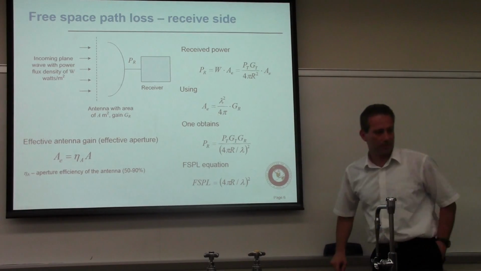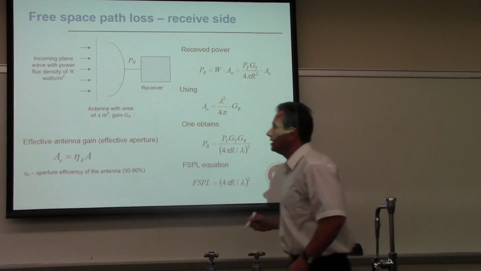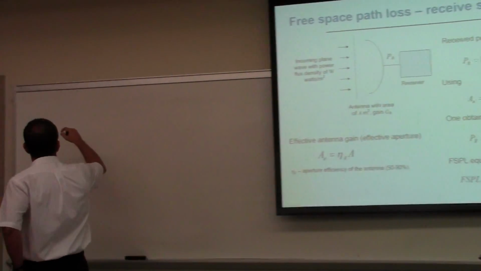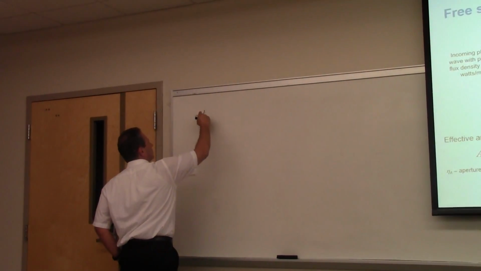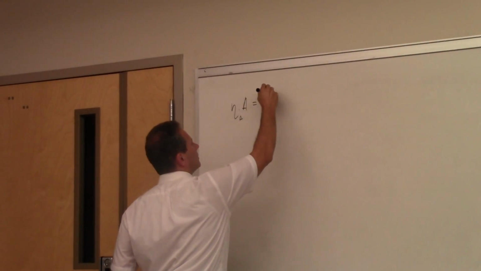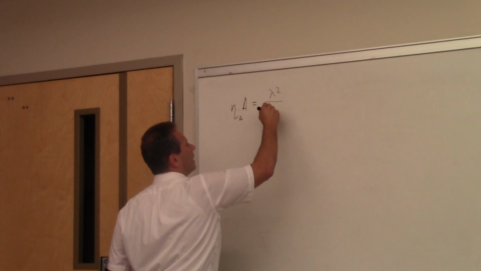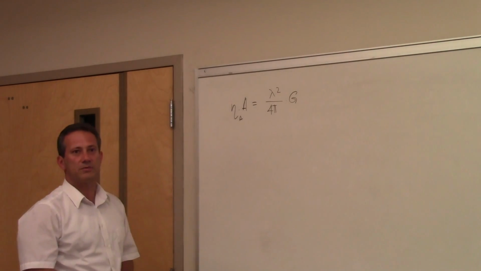Let me actually do it over there. You can say that what I have here is that eta times the physical size of the antenna is equal to lambda squared over 4 pi times the gain of the antenna, right? And this is true for both transmit and receive antenna.